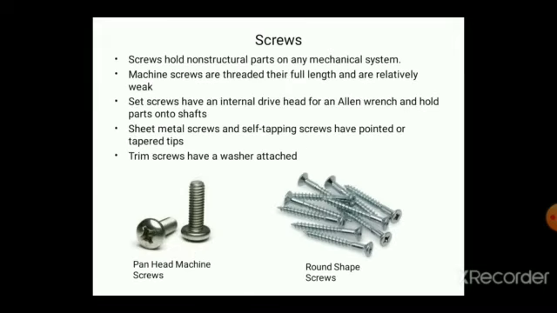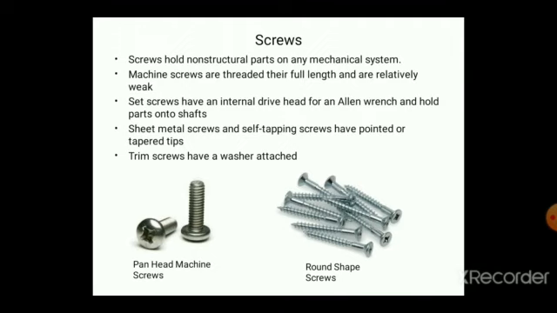Then the next one is the screw. After bolts and nuts, these are the screws. There is a basic difference between a bolt and a screw. Sometimes you can call them semi permanent type of fasteners.